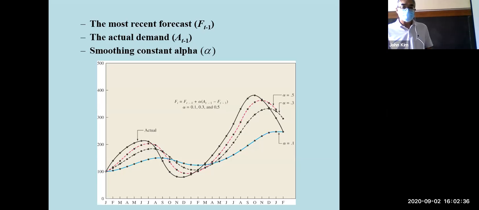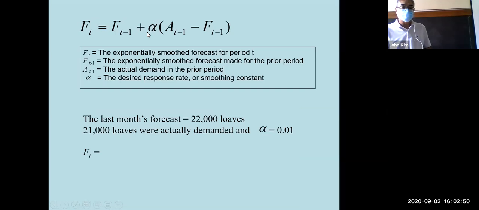So using this alpha and the exponential formula, we can get the forecast from the most recent forecast, the actual demand, and alpha.